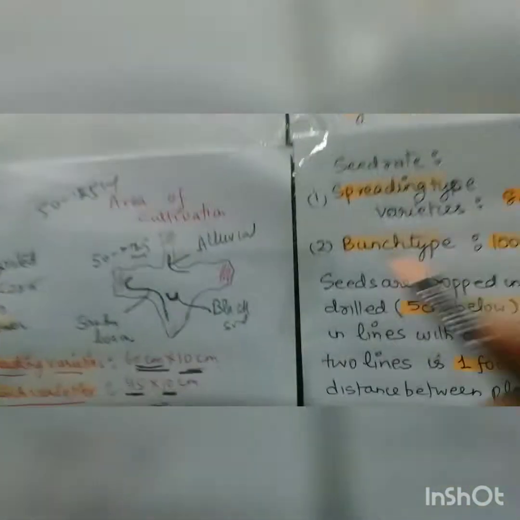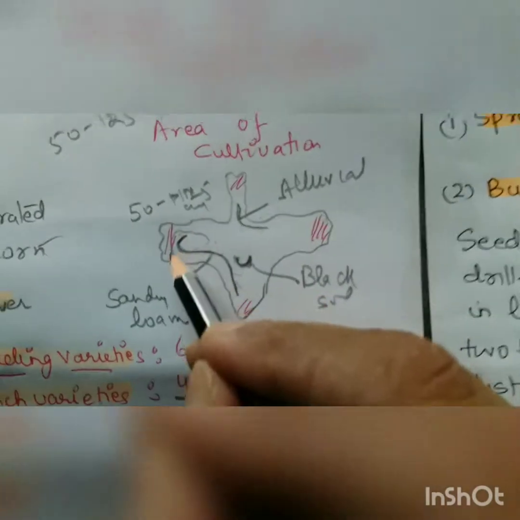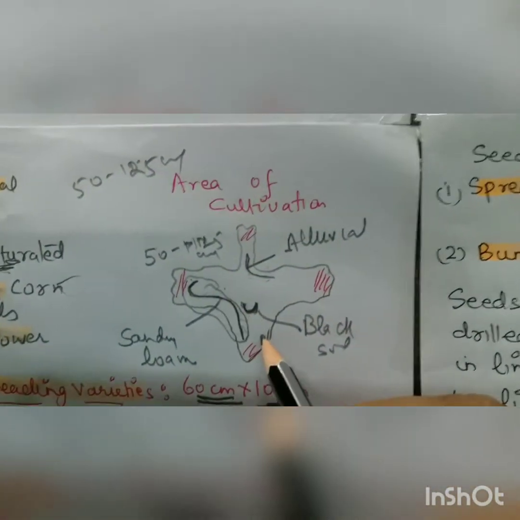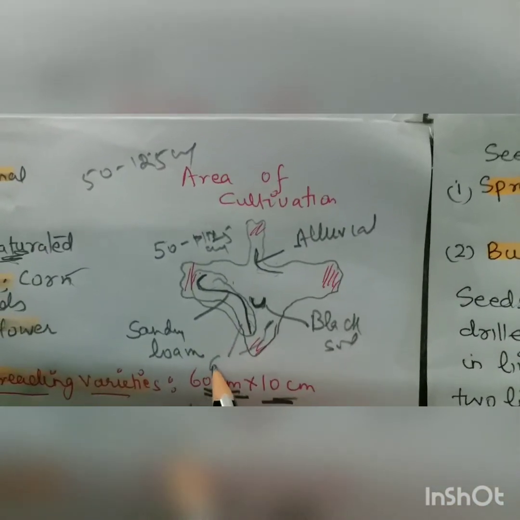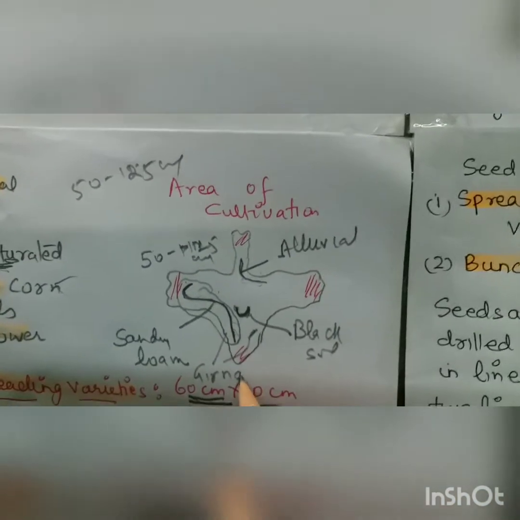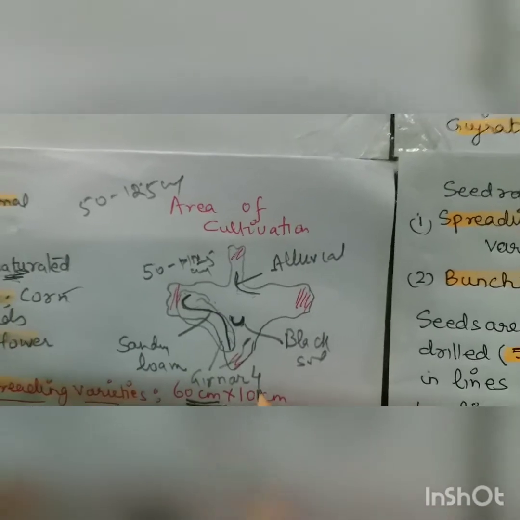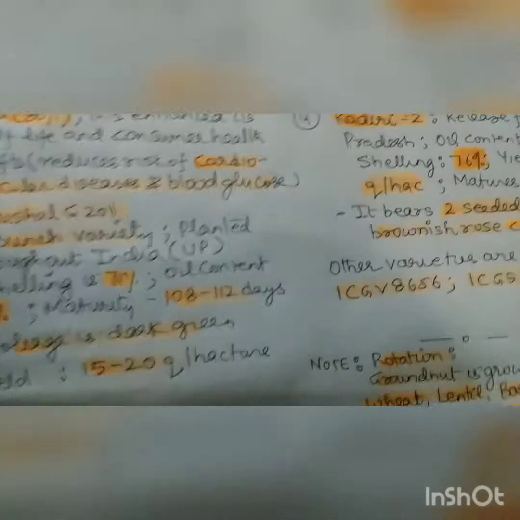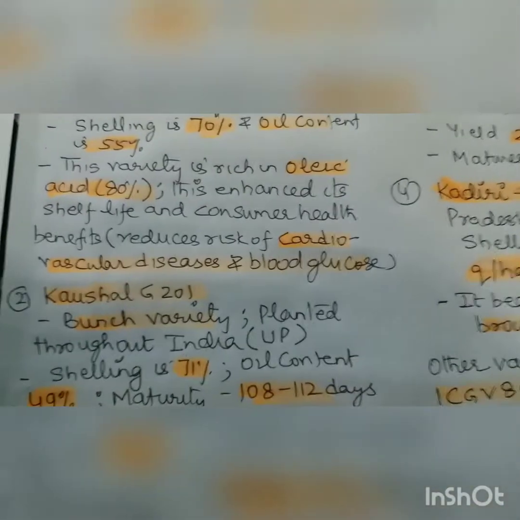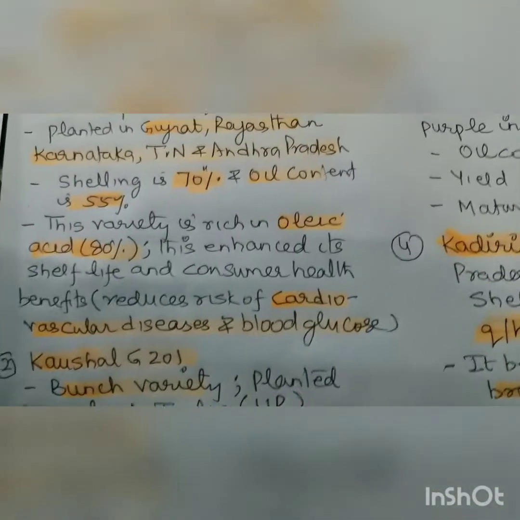So if we see this belt, and here Andhra Pradesh, we have a new variety, Garen R4, in this belt. Garen R4 has two characters on which the variety depends.